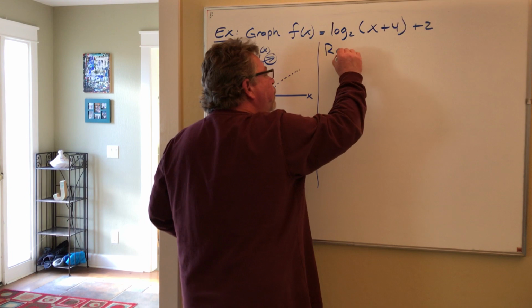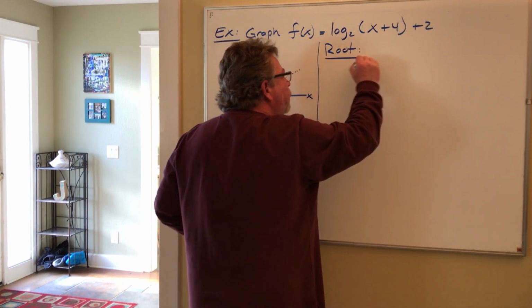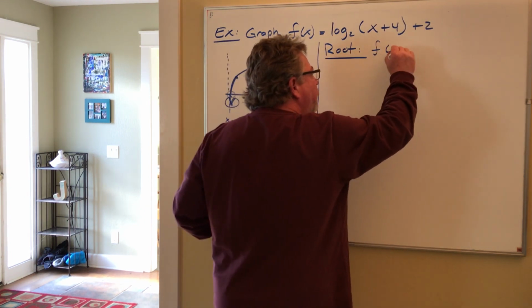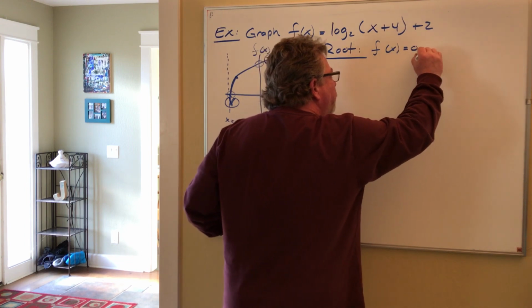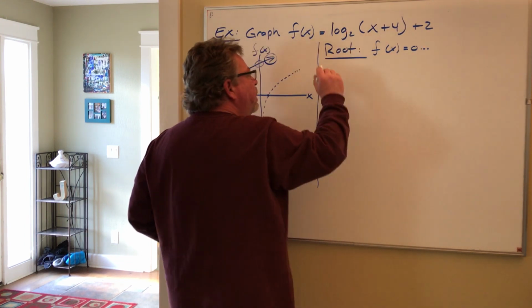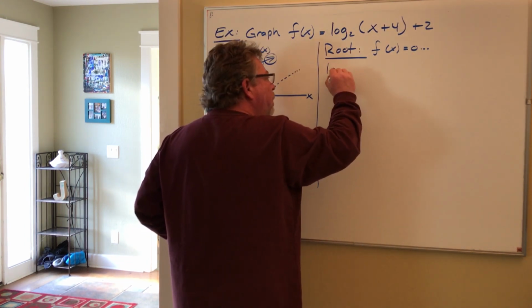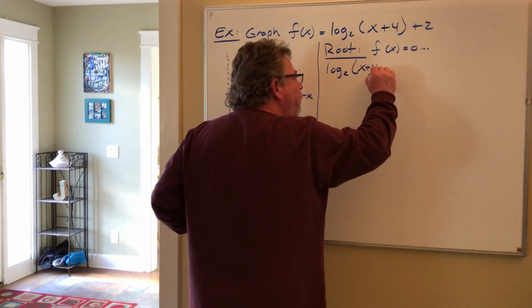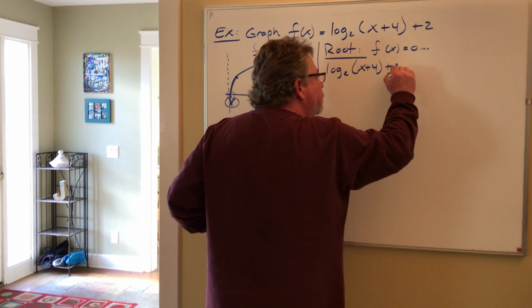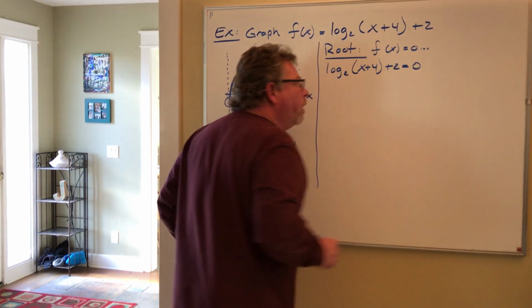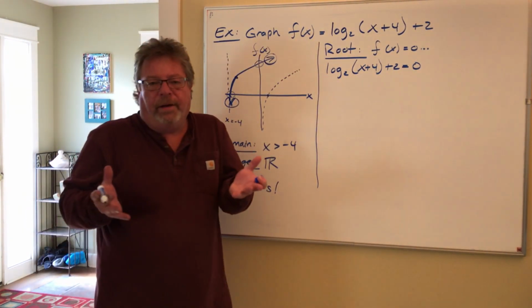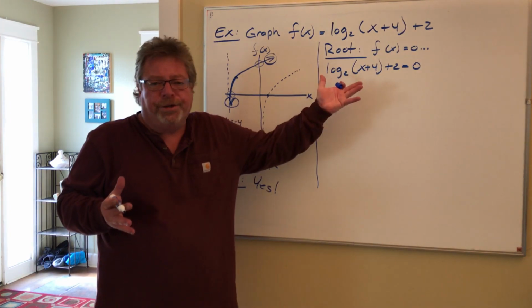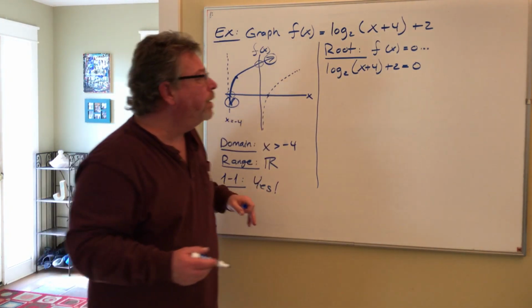So where's the root here? The root is going to happen when the function is equal to 0. So that's going to give us this equation: logarithm base 2 of (x plus 4) plus 2 is equal to 0. Now we just talked about how to solve logarithmic equations, and that's what we've got to do here.